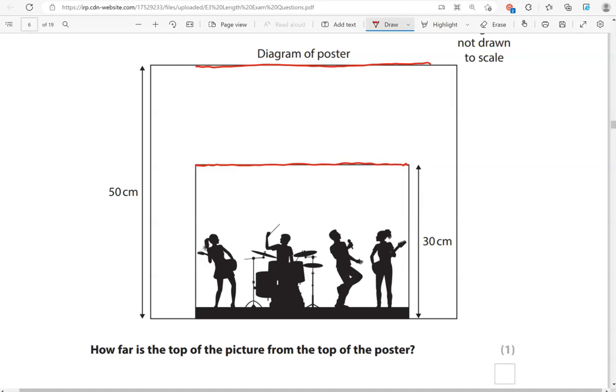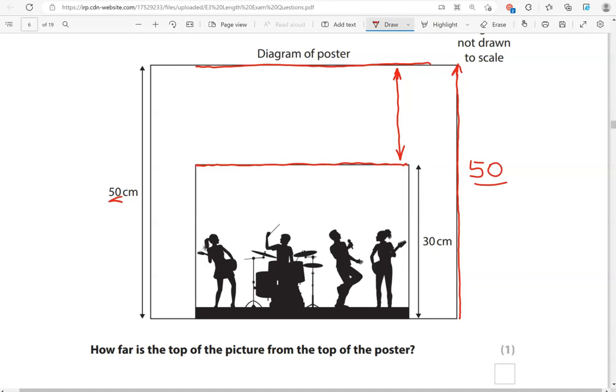So we're looking for this distance here, this length. So what we're going to do is look at this length, which is 50, because both sides will be the same length.